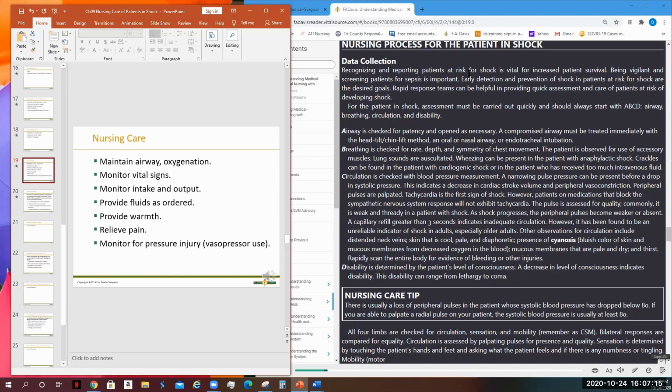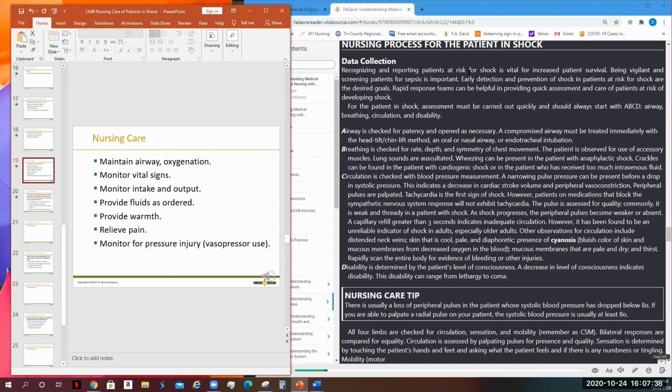A narrowing pulse pressure can be present before a drop in systolic pressure. This indicates a decrease in cardiac stroke volume and peripheral vasoconstriction. Peripheral pulses are palpated. Tachycardia is the first sign of shock.